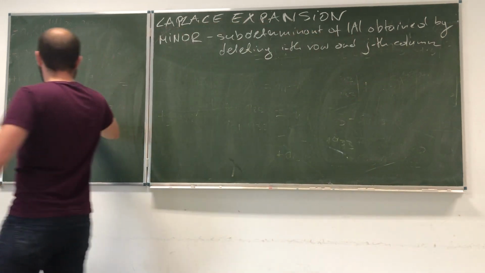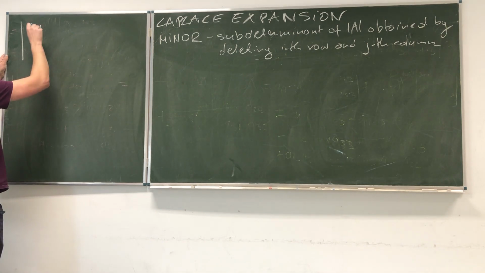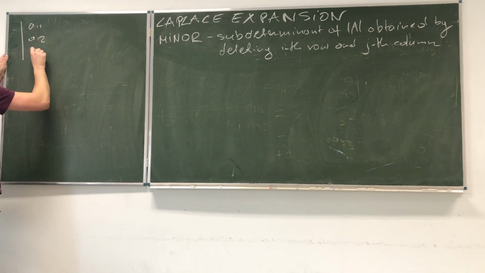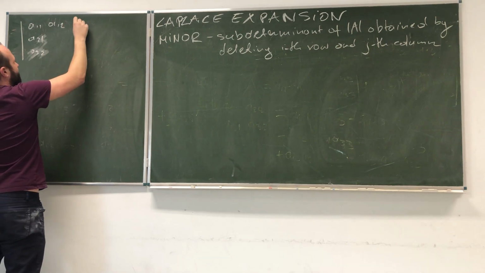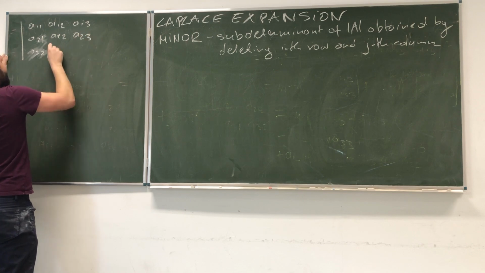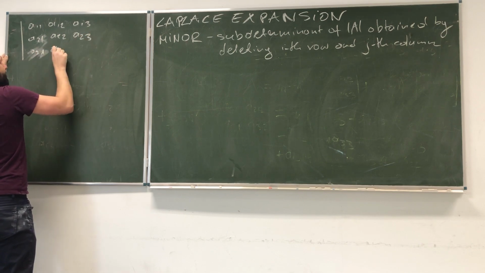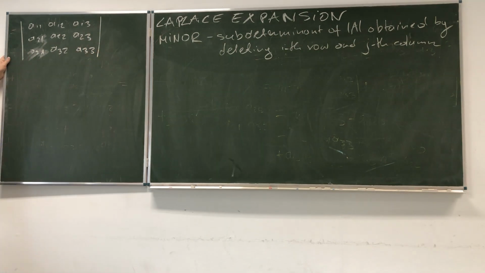Okay, let me give you a simple example. So if we have determinant A11, A12, A13, A21, A22, A23, A31, A32, A33. Right? So, now I want to calculate a minor.